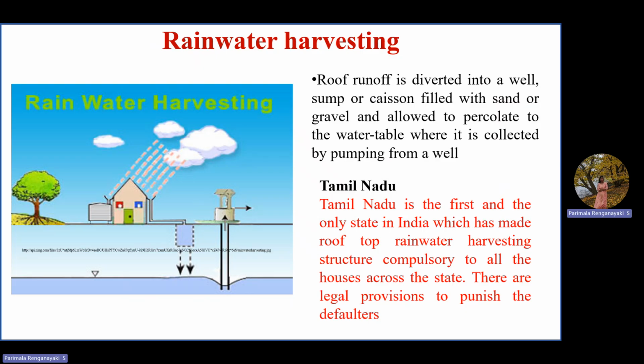Sometimes they don't give a water supply, or sometimes the current supply or taxes may be high. These kinds of actions are also taking place in Tamil Nadu. But this is the first state that passed the GO to make it mandatory that every house should have a rainwater harvesting system.